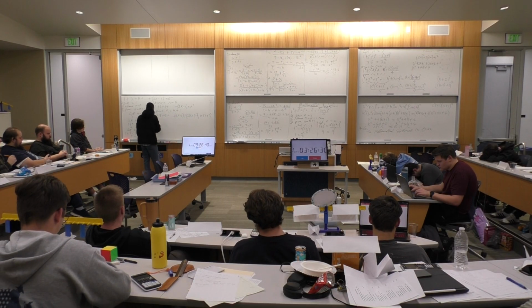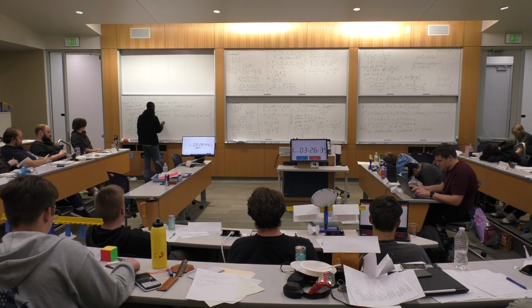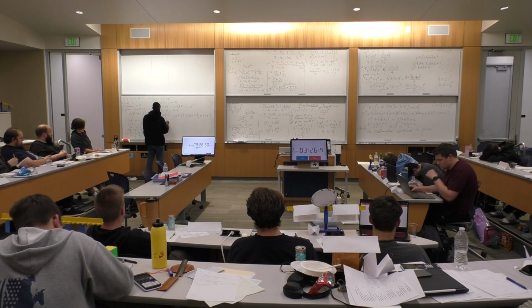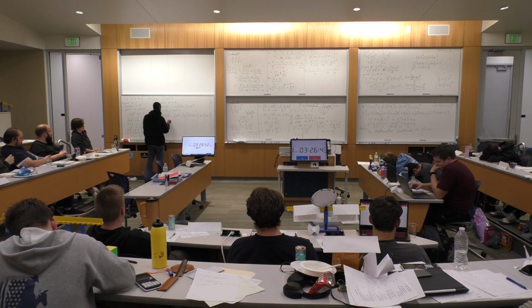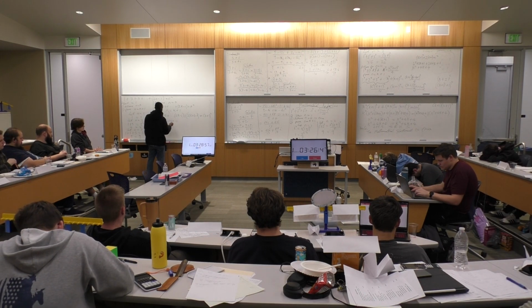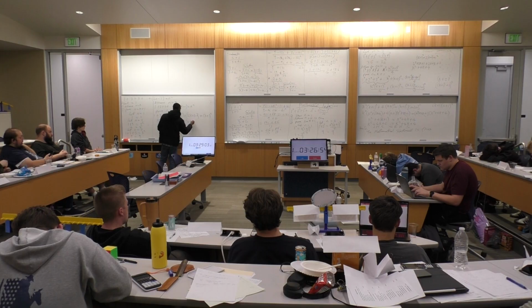Hence you have k squared plus, let's distribute into this, 2k plus 2 minus 1 equal to k squared plus 2k plus 1.